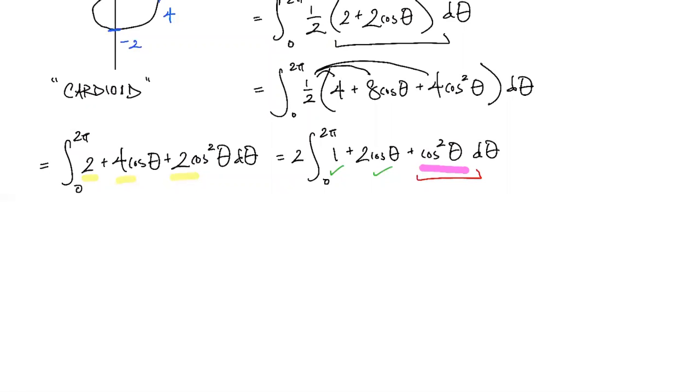And so what we're going to do to make it into something that we can integrate is we're going to make a substitution using the reduction formula. So if we look back at our reduction formula, cosine squared theta was equal to 1 plus cosine 2 theta over 2.